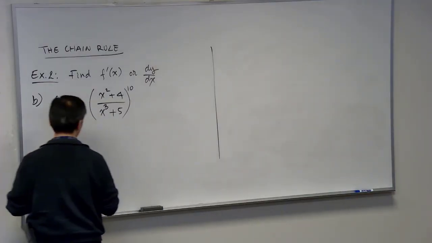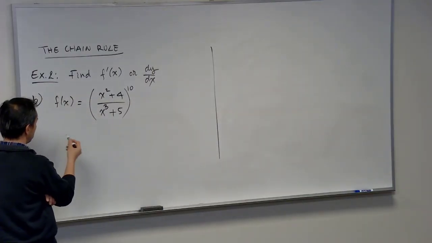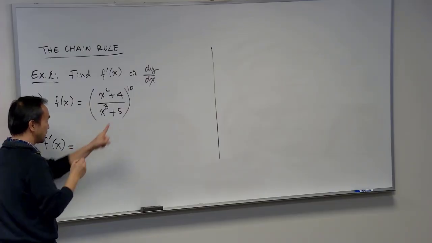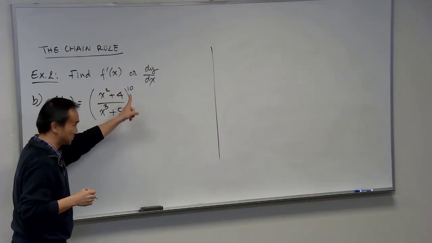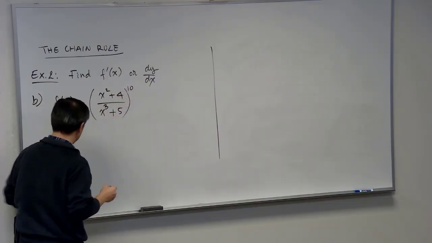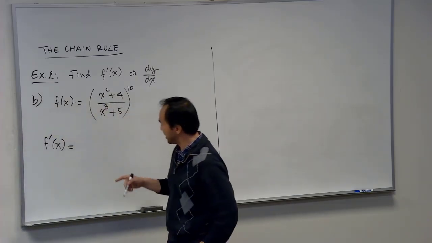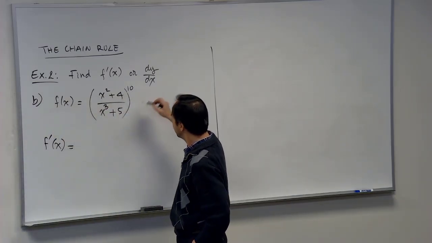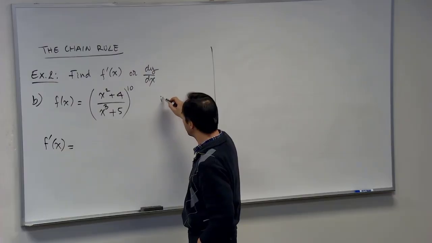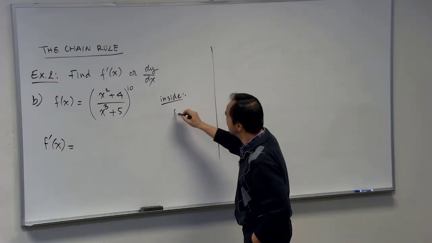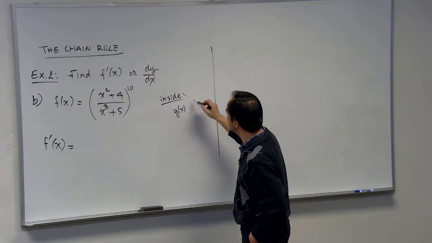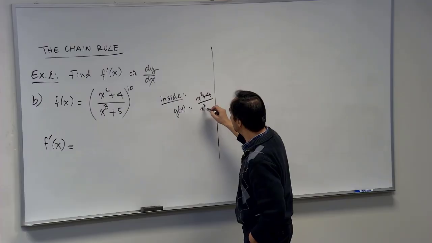The chain rule comes first in line for this problem, because definitely we do not want to FOIL this out, since it's a crazy high power. Make a quick note here: we can take the whole inside to be g of x, equal to x squared plus 4 over x cubed plus 5.